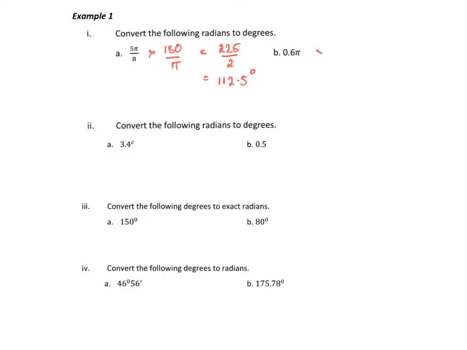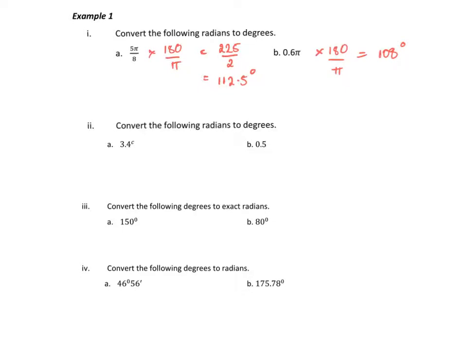0.6 pi, again we're going from radian to degrees, so you're going to times that by 180 on pi, put it into your calculator, and you end up with 108 degrees.